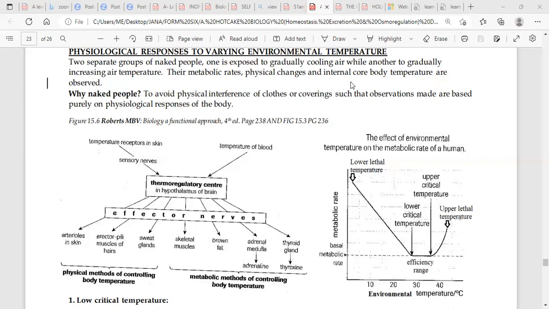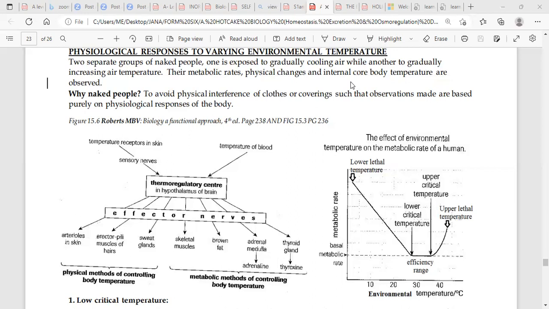And we said for these organisms to have metabolic reactions working effectively, they need to balance the heat that is generated and the heat that is lost from these organisms. So there must be a balance, and the way they can bring about this balance is through what we call thermoregulation.